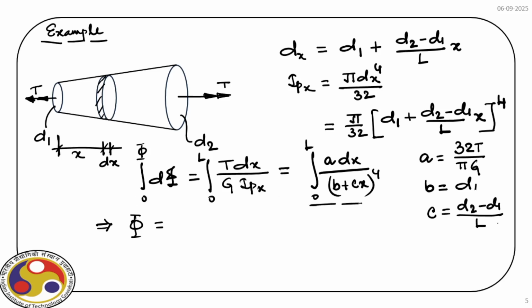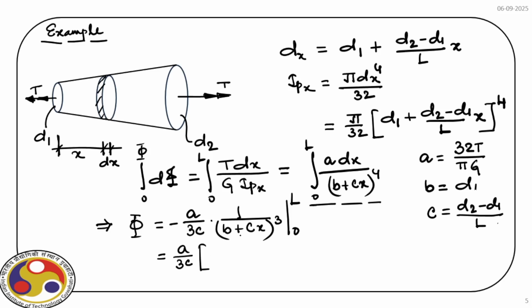So we can perform this integral and you'll get a by 3c times 1 divided by (B plus Cx) whole cube. So effectively we get A by 3C within bracket 1 by B cube minus 1 by (B plus CL) whole cube.